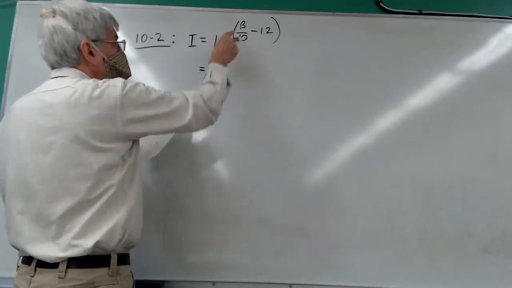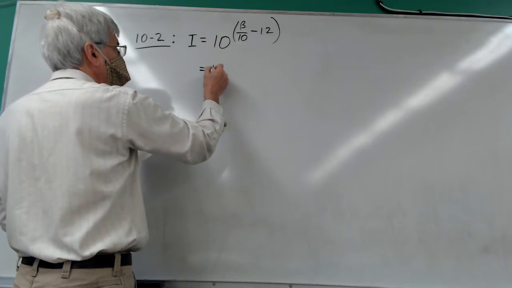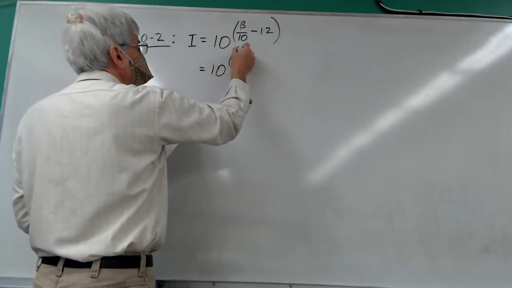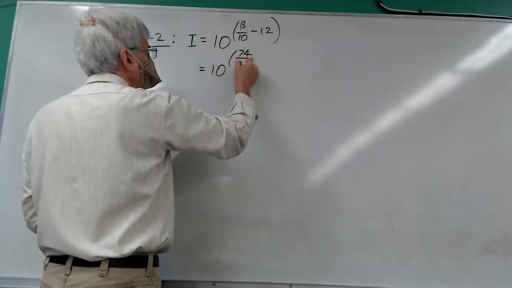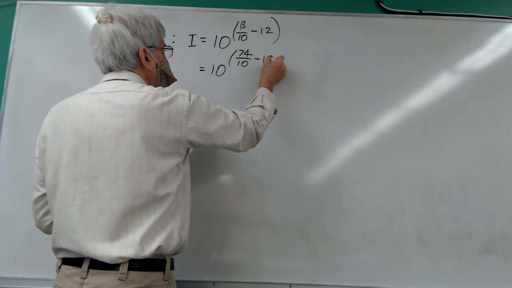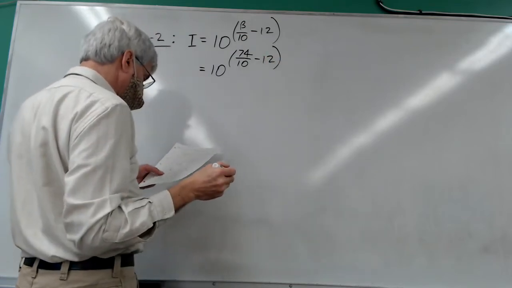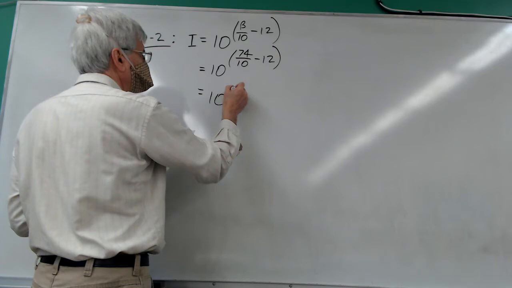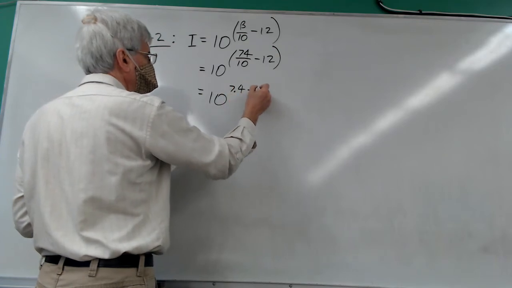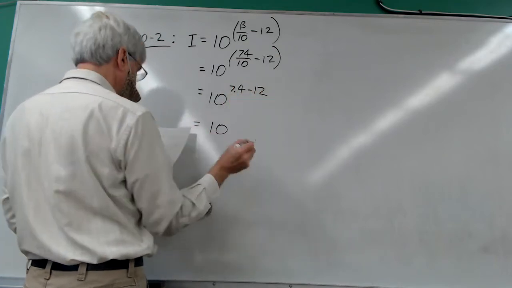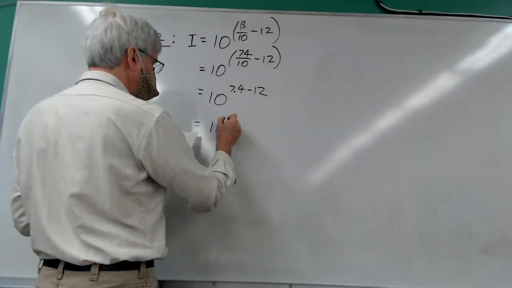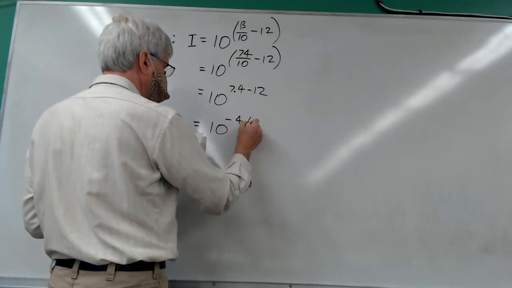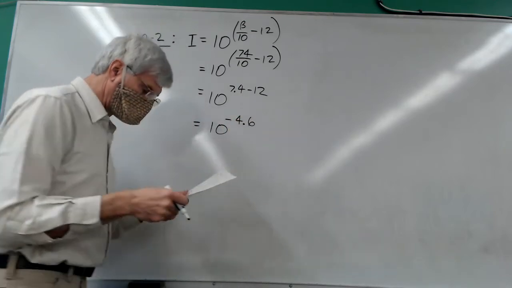We're going to stick in 74 for the number of decibels. So that's 10 to the 7.4 minus 12. In other words, 10 to the negative 4.6 power.